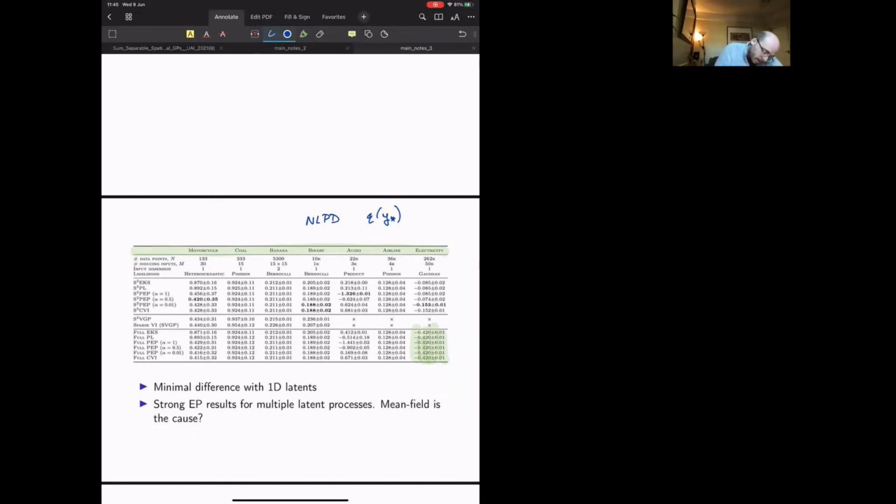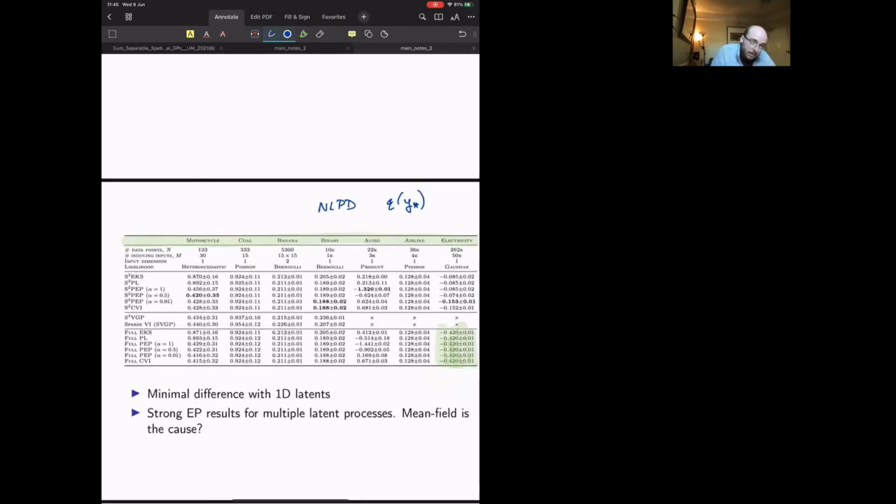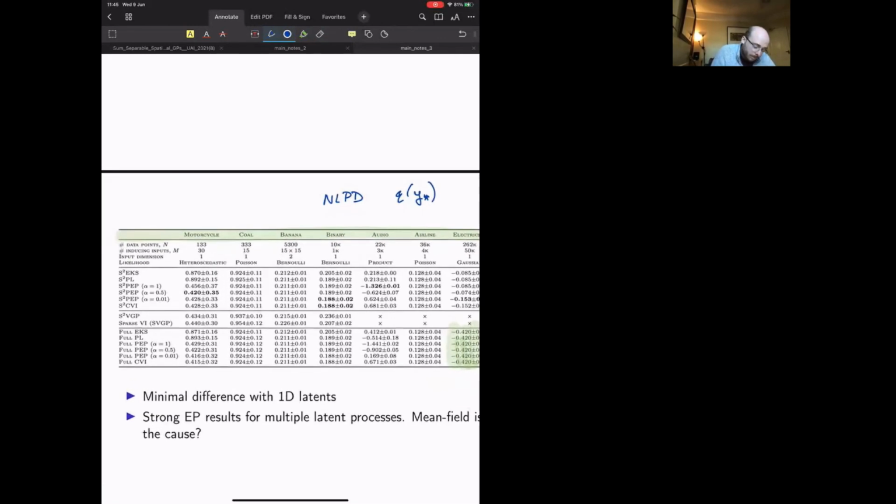The sparse VI row here is standard variational pseudo-point approximations, so standard Titsias 2009 or Hensman 2013 stuff. The S squared row is the doubly sparse variational GP, which is the name of the first paper we went over. I should say this is a table from the second paper, so it's comparing against the doubly sparse stuff. The S squared CVI is what we've been talking about with variational Bayes.